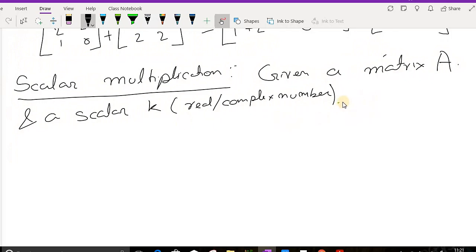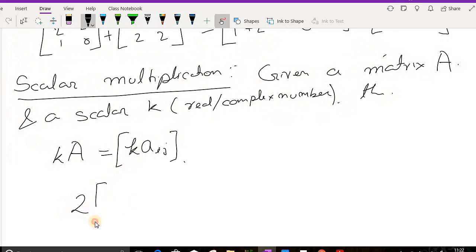Then K into A is simply K Aij. You multiply all the elements of the matrix by K.